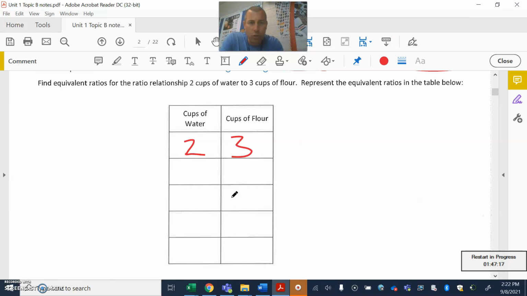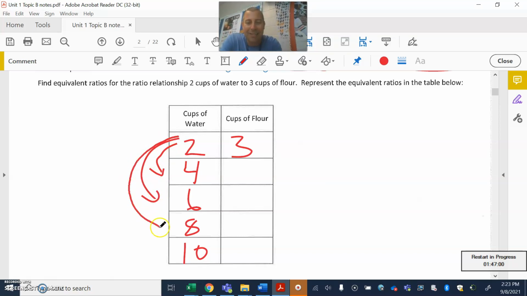So I could just use repeat addition. 2 plus 2 is 4, plus 2 is 6, plus 2 is 8. There's a 10. Well, remember, that's multiplying by a 2. That's multiplying by a 3. That's multiplying by a 4. So it's the same thing, but let's speed things up.